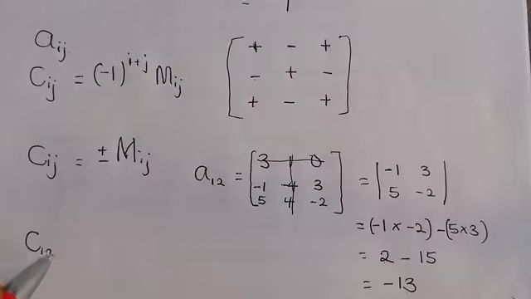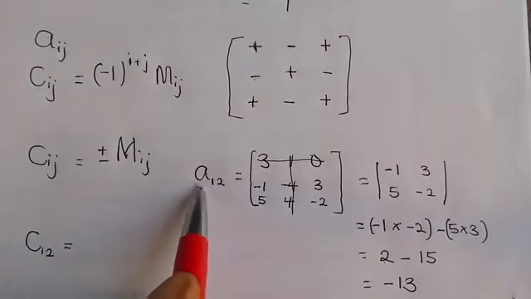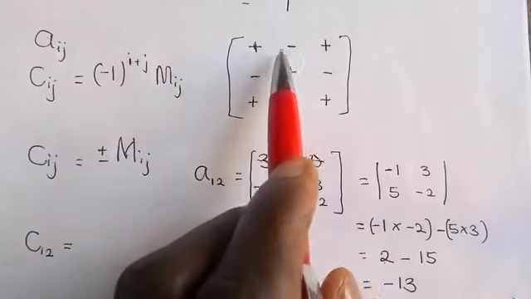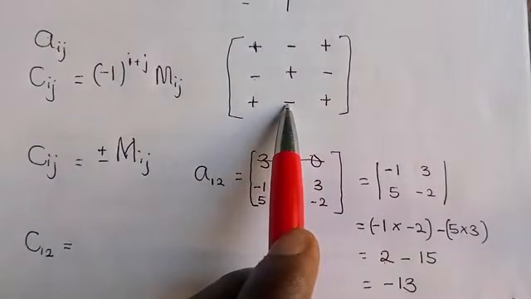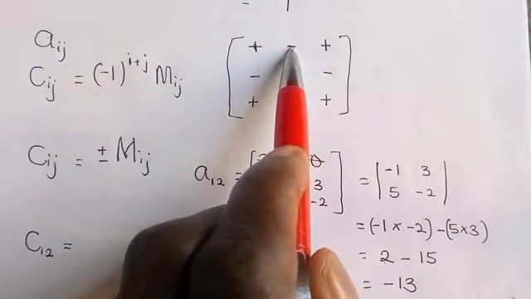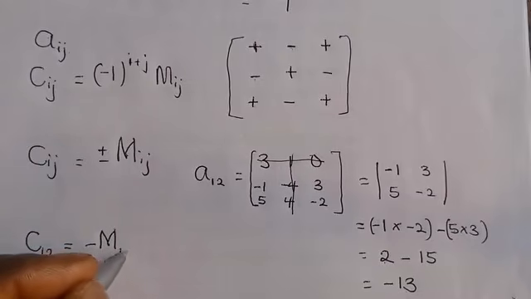So C12 now will be equal to, let's get to know what is the sign of the cofactor that should be used for the entry 1, 2. 1, 2 here refers to row 1, column 2. So the sign for the cofactor there is negative. So we are going to have the negative of M12.